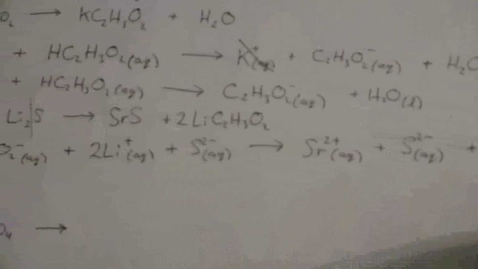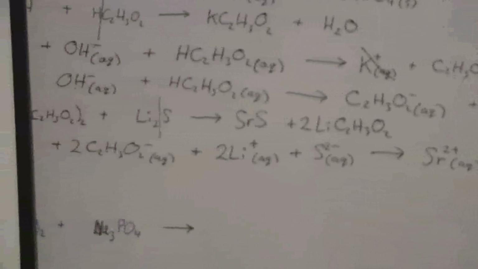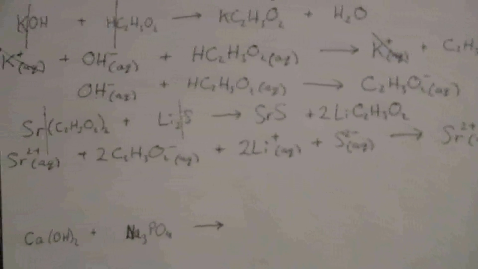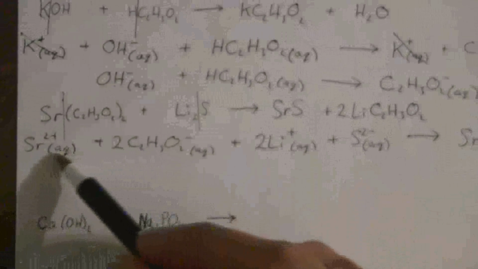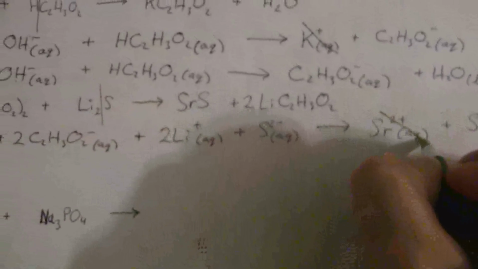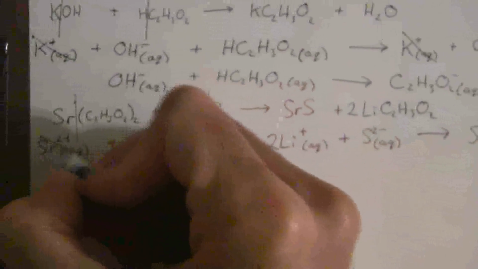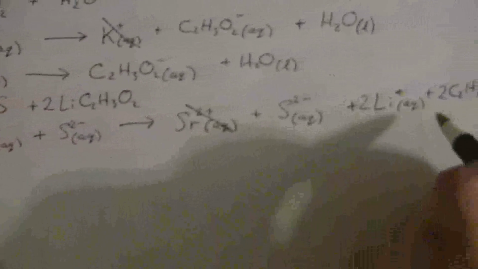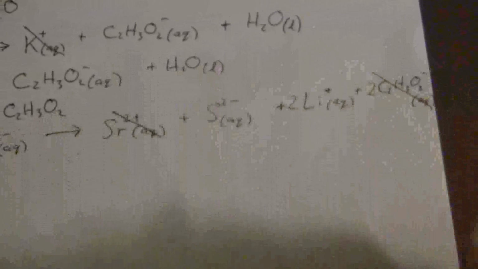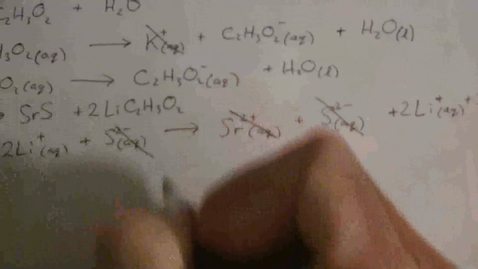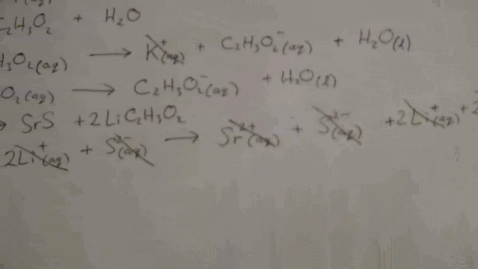All right, now what do you notice about this one? Here we have strontium ions on the left, strontium ions on the right. They cancel. We have acetate ions over here, 2 acetate, and then we have 2 acetate ions over there. Those cancel. We have sulfide and lithium, the 2 lithium ions, and they cancel.